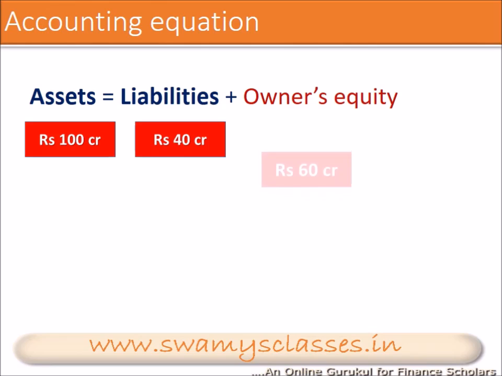The other 60 crores would have come from owners, meaning owners would have given 60 crores capital. So by taking 40 crores from outsiders, by taking 60 crores from owners, the business has got 100 crores of money with which it has acquired 100 crores worth of assets. Always the left side of the equation should match the right side of the equation.